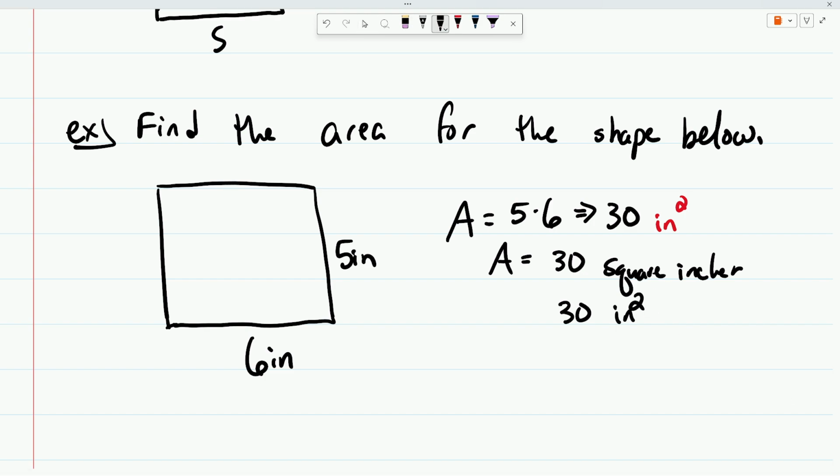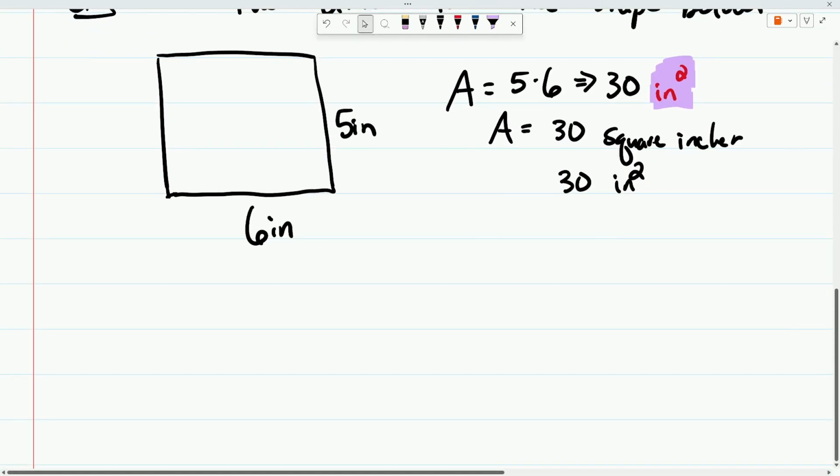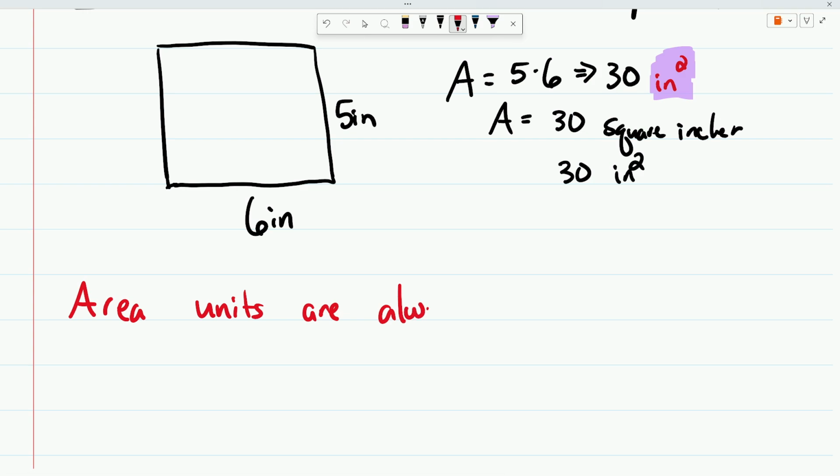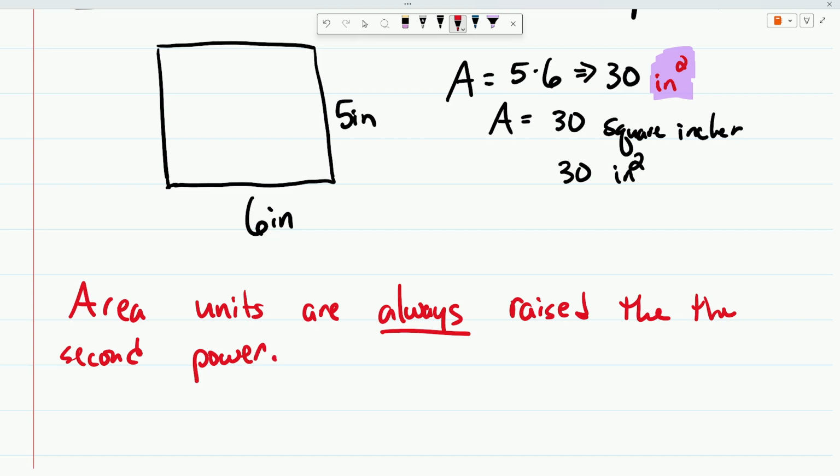But like I said, the most important part is that whenever you are talking about areas, we are talking about units raised to the second power. So area units are always raised to the second power, regardless of the shape, okay?